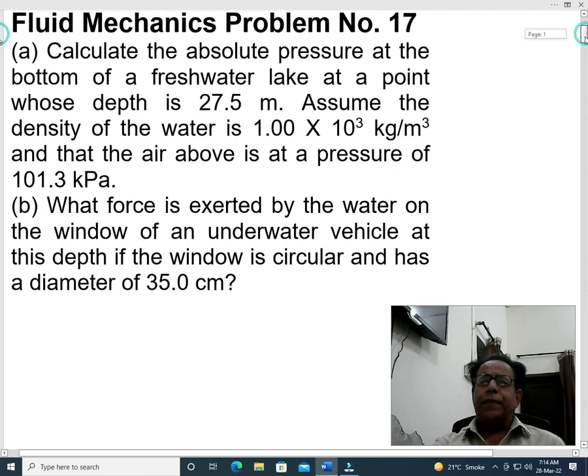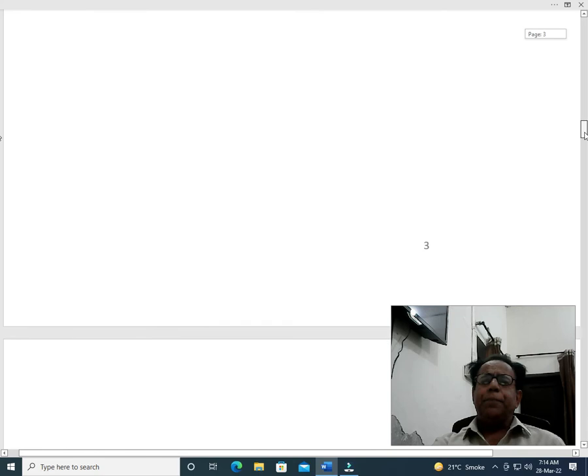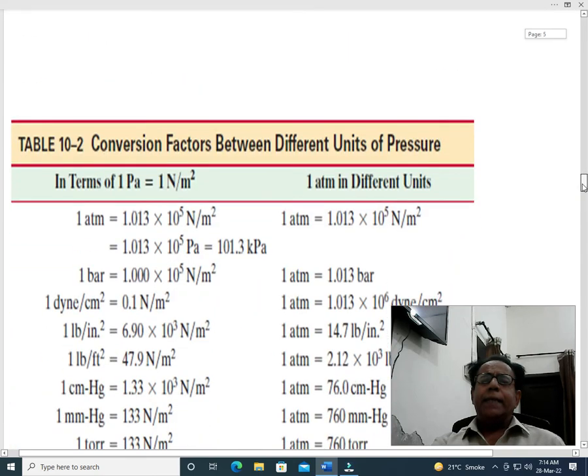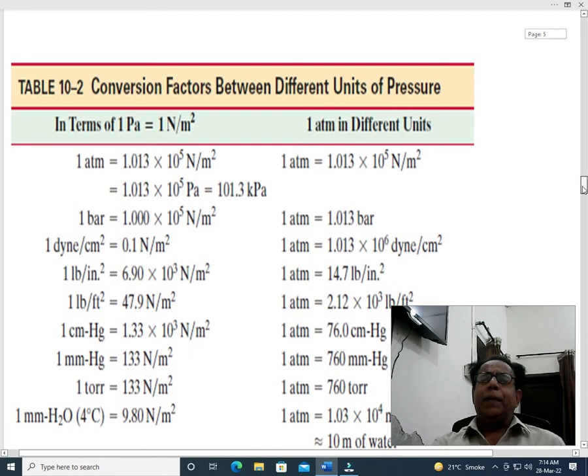Now first I move forward. This is the first table. Here you can see that 1 atm is equal to 1.013 into 10 raised to the power 5 Newton per meter square, which alternatively becomes equal to 1.013 into 10 raised to the power 5 Pascal, which alternatively becomes equal to 101.3 kilopascal.